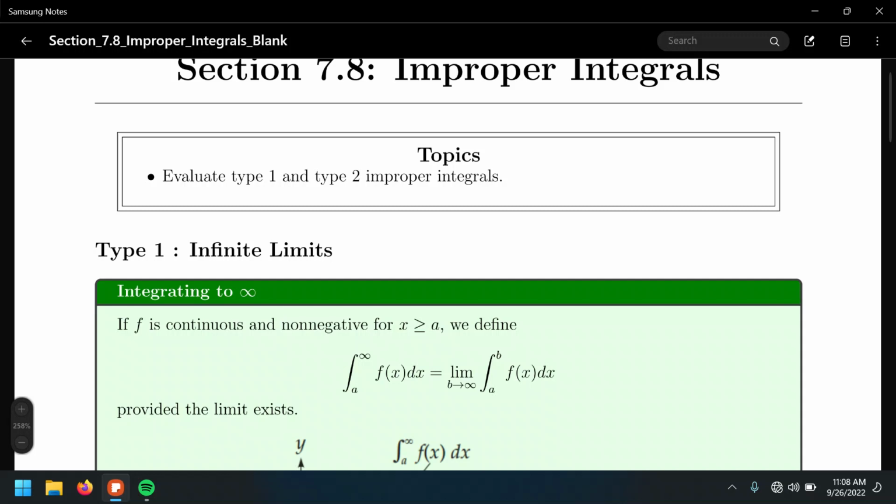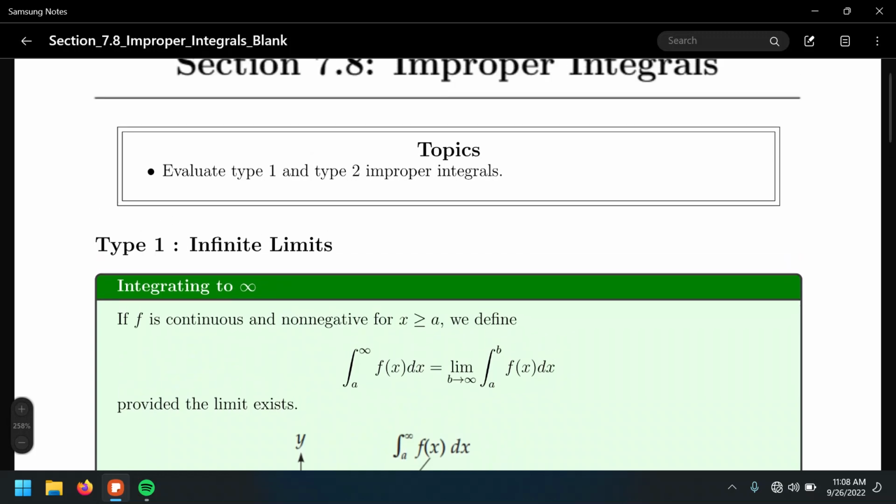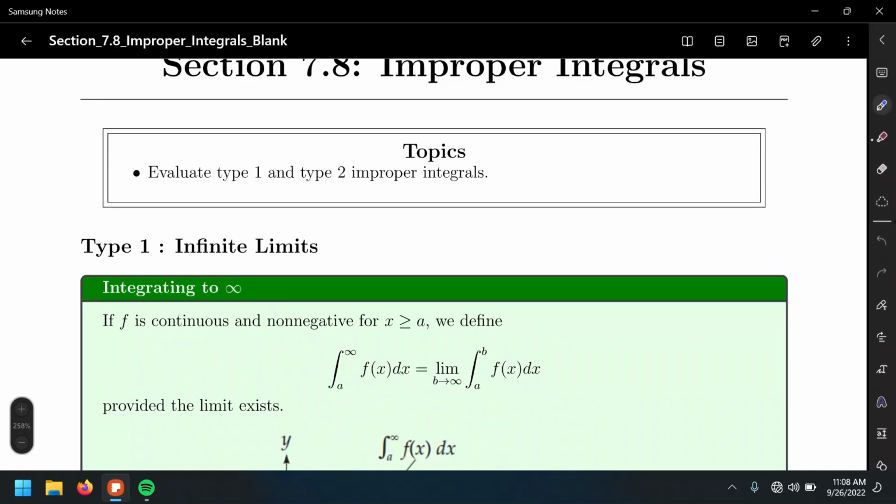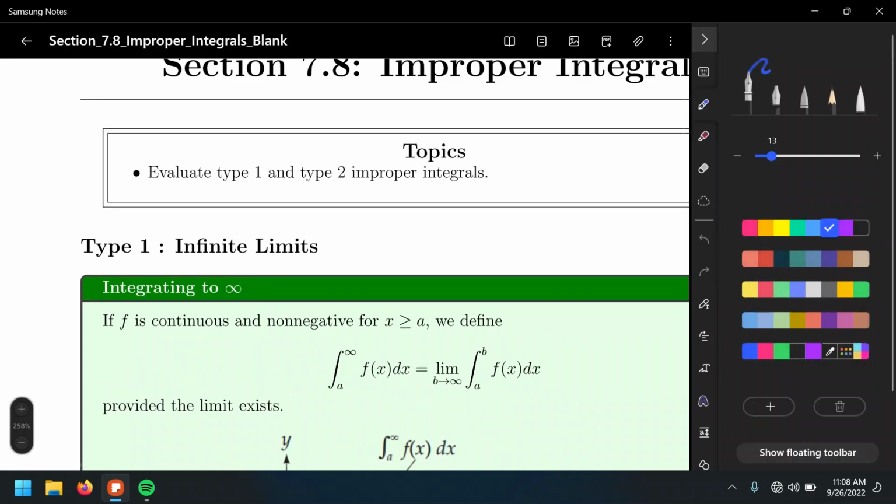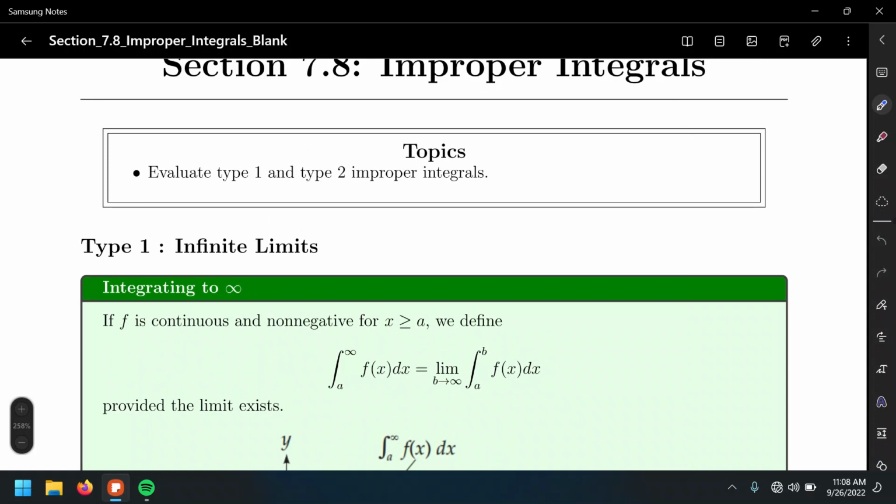So type 1 integrals are those integrals where we have infinite limits. That is, when we integrate from a number to positive infinity, or when we integrate from negative infinity to some number.